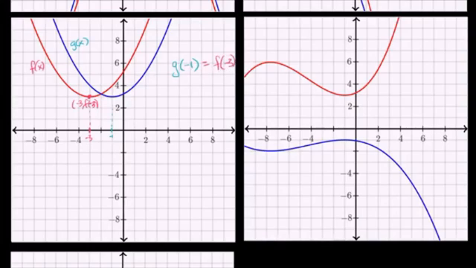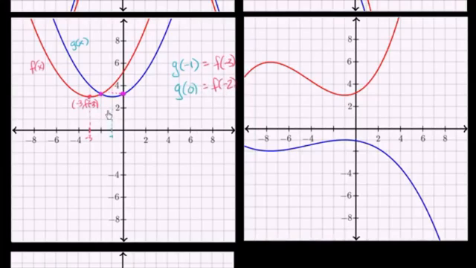And we could do that with a bunch of points. We could see that g of 0, which is right there, let me do it in a color you can see. G of 0 is equivalent to f of -2. So let me write that down. G of 0 is equal to f of -2.